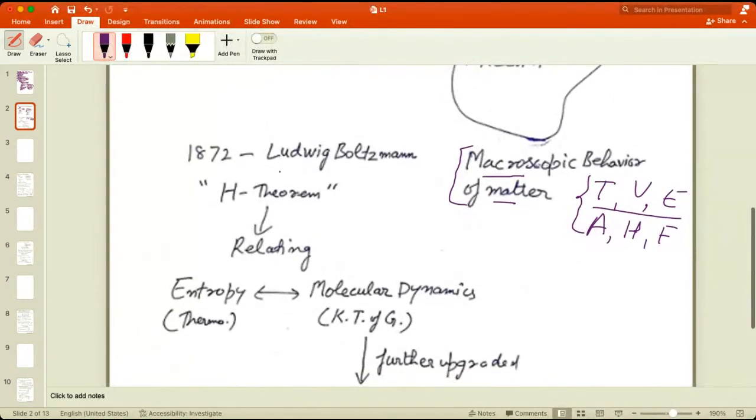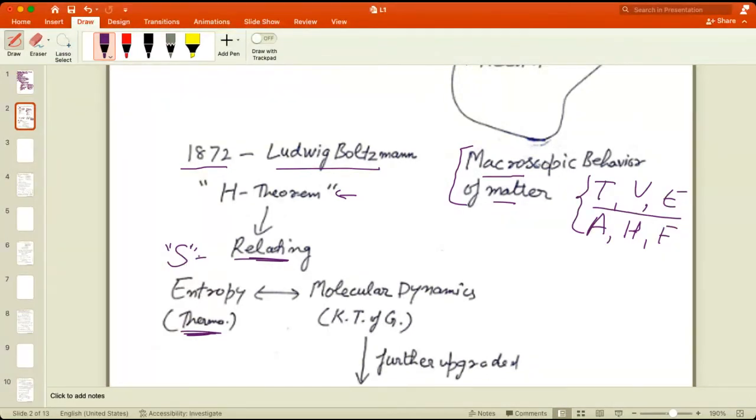Okay, then this was an important step: in 1872 Boltzmann proposed the H theorem. Basically, what he did was relate the entropy, which is a thermodynamical property. Entropy, usually represented by S, is a measure of disorder in a system, right?